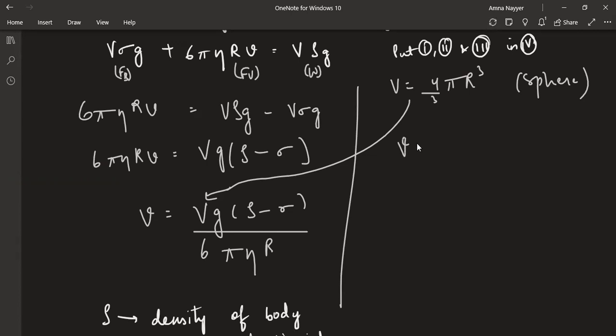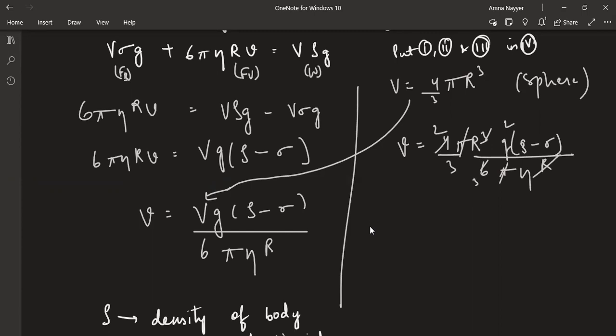So velocity will become 4 by 3 pi r cube g rho minus sigma by 6 pi eta r. See, one r cancels, r square remains, pi gets cancelled, 2 into 2, 3. So what is left? 2 by 9 r square g rho minus sigma divided by eta.